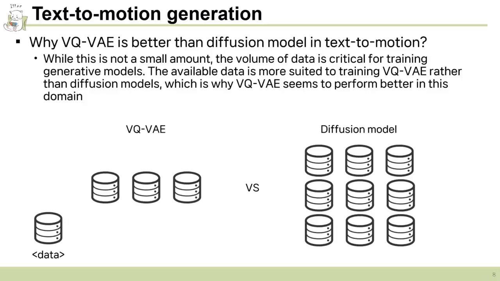The amount of available data is a critical factor in generative modeling. As illustrated here, diffusion models thrive when there's a wealth of data, but with the limited data available for text-to-motion tasks, VQ-VAE stands out as the more practical solution. This is one of the reasons why the field has increasingly shifted toward VQ-VAE.